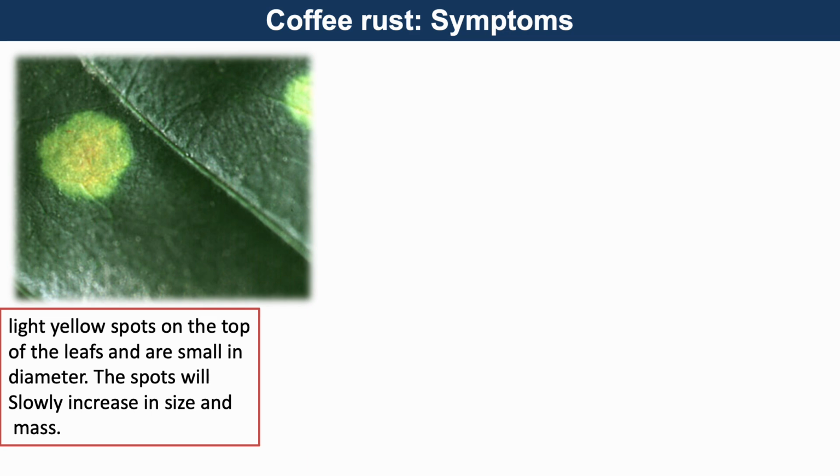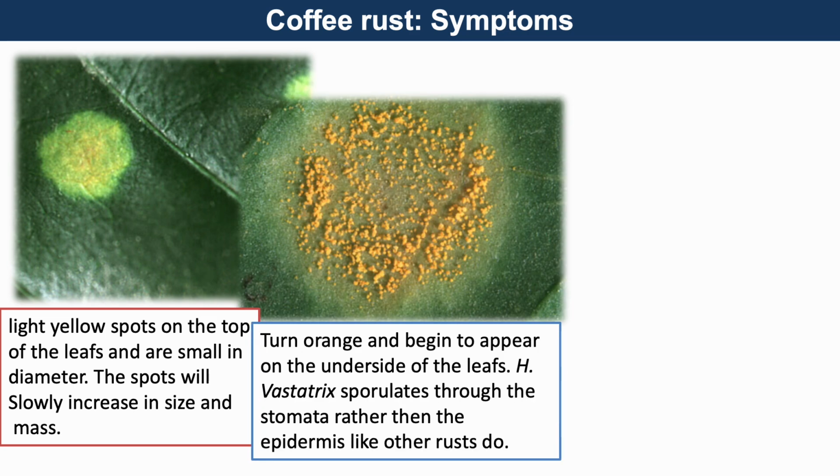It produces different types of symptoms. First of all, it produces light yellow spots on the top of the leaves, which are small in diameter. The spots then slowly increase in size and merge into masses. Thereafter, with the passage of time, the spots turn orange and begin to appear on the underside of the leaves.